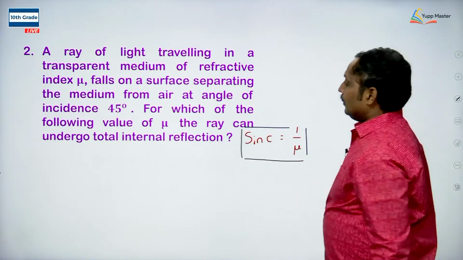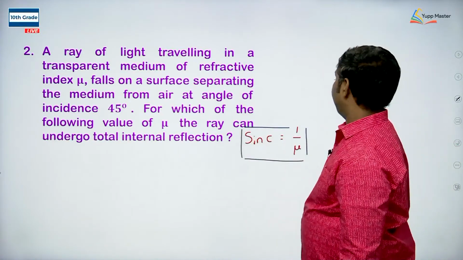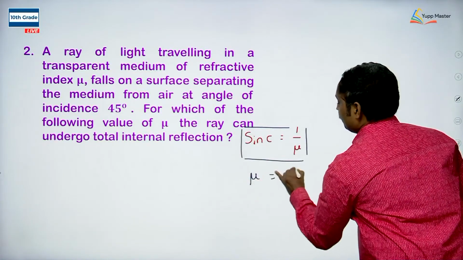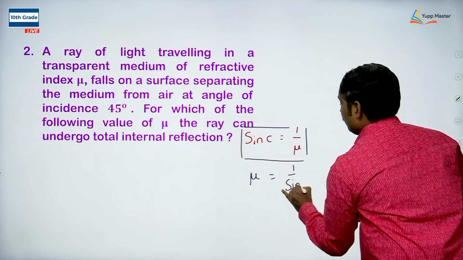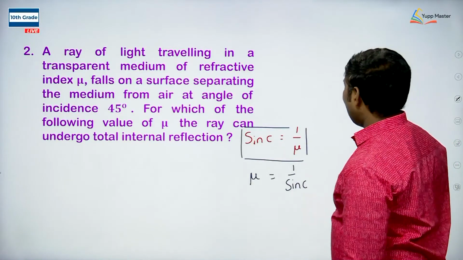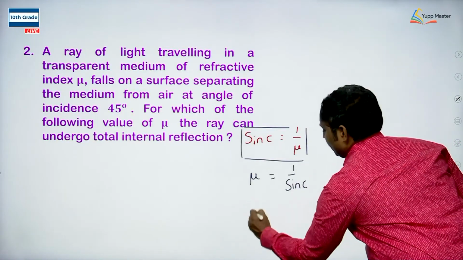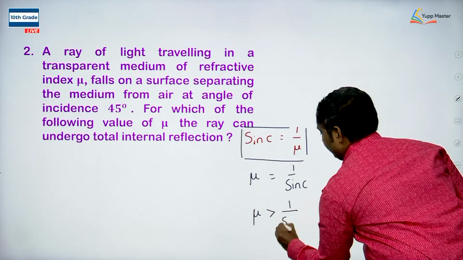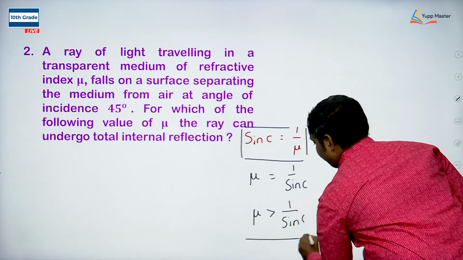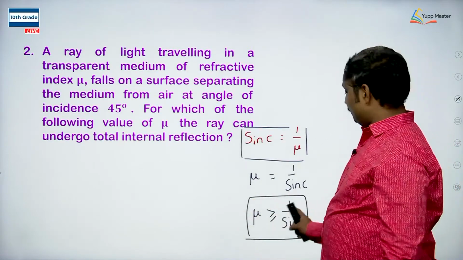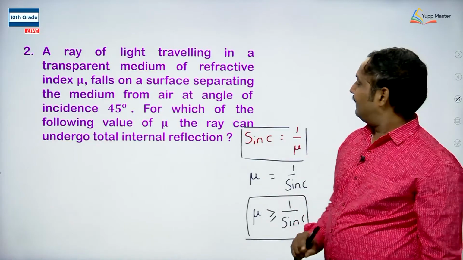What they are asking here is that you need to estimate the mu value. For total internal reflection, mu is going to be 1 by sin C. That is the condition.